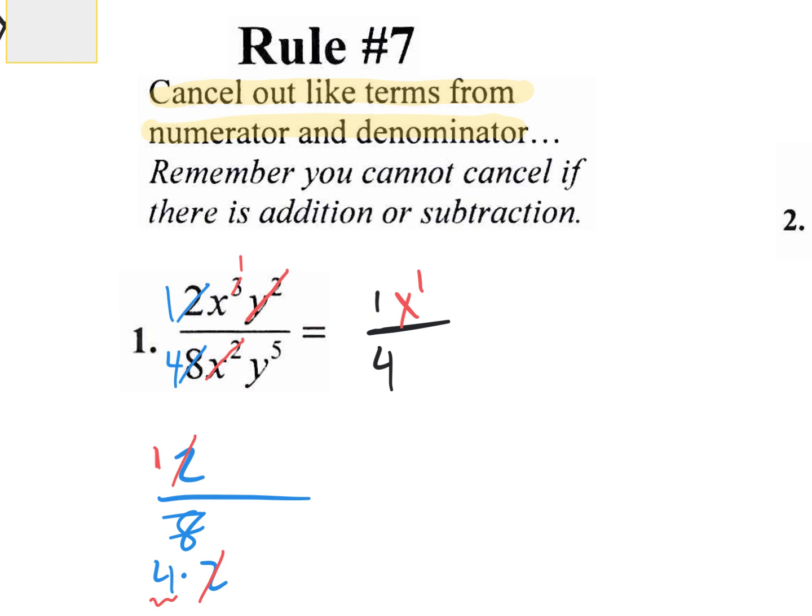Both of those y's completely cancel out with 2 of the 5, leaving you 3 left over on the bottom. So you're going to have a y to the third. So the cleanest way of representing this final answer is just x over 4y to the third. You don't really need a 1 in front. You could put it if you want. And you don't really need the power of 1 up here. You could put it if you want. But that's the nicest looking answer for this example.